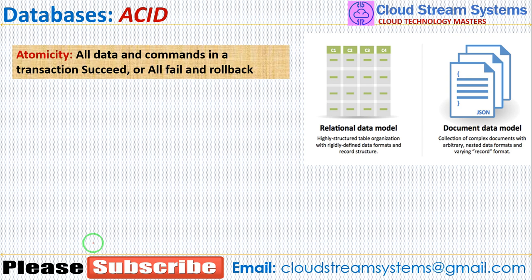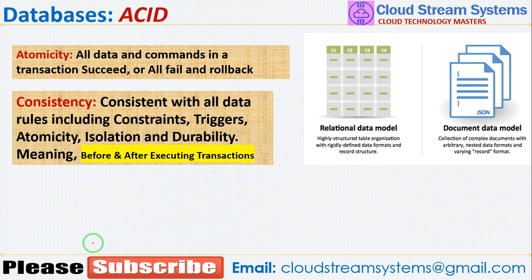So atomicity means all data or nothing. That's how a relational database is designed. Atomicity is very simple: all or nothing. The transaction should succeed or completely fail. That is atomicity.